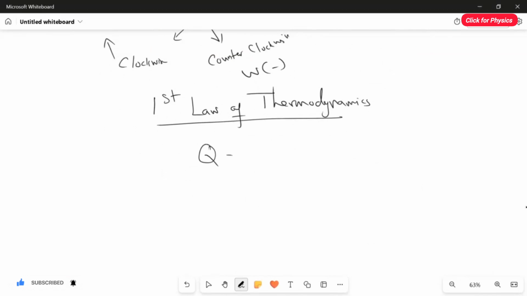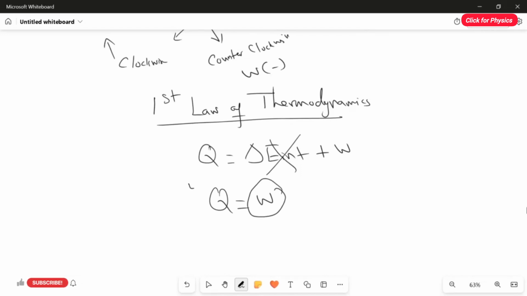Q, the heat energy, is equal to the change in internal energy plus work done. Because they clearly mention a cyclic process, the internal energy change will be 0, so this term will be gone. So Q is equal to W. That's the reason: once you find the work done, that will be equal to the energy.